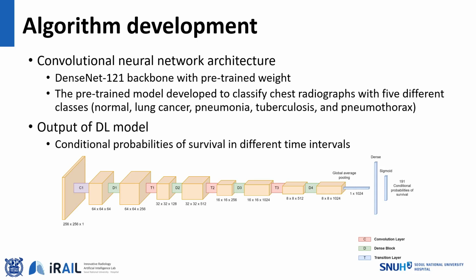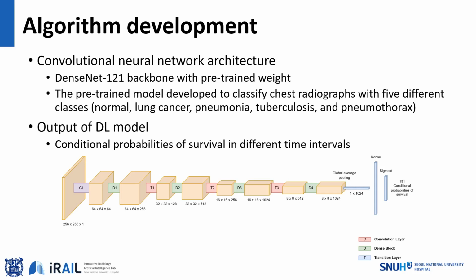The model was designed utilizing a DenseNet 121 backbone and was trained by fine-tuning the pre-trained network. The pre-trained model that was used was developed to classify various conditions such as pneumothorax, tuberculosis, pneumonia, lung cancer, and normal from chest radiographs.